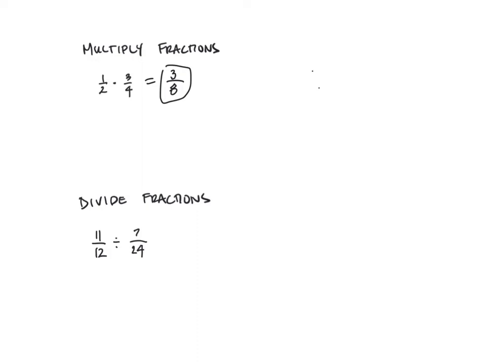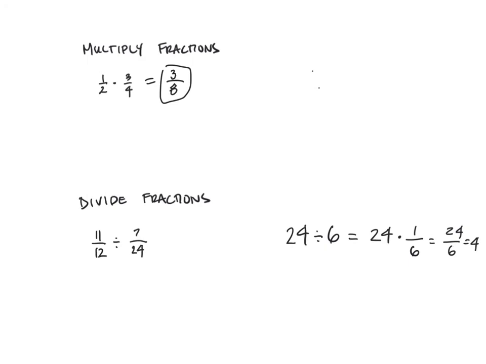But if you think about 24 divided by 6, this is simply saying how many 6s are in 24. And you can rewrite this as a multiplication statement: 24 times 1 over 6, which is 24 over 6, which gives you 4.